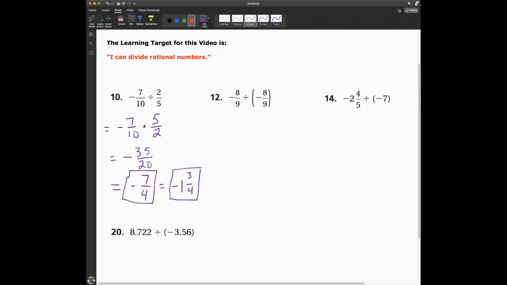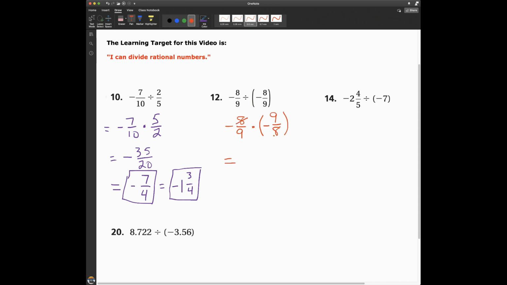Let's look at number 12. So again, I'm going to keep the first rational number, change the sign, and then flip the second rational number, or write the reciprocal. So negative 9/8 is the reciprocal. All right, multiplying two numbers that have the same sign, my answer will be positive.